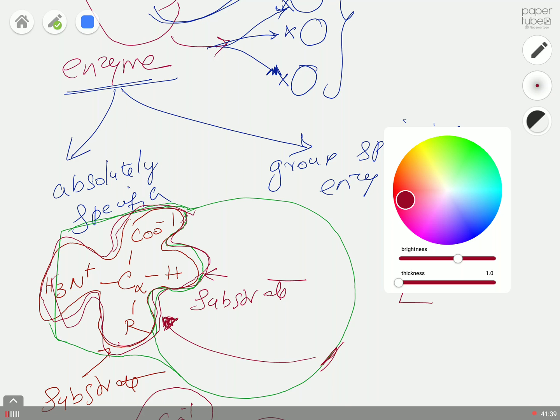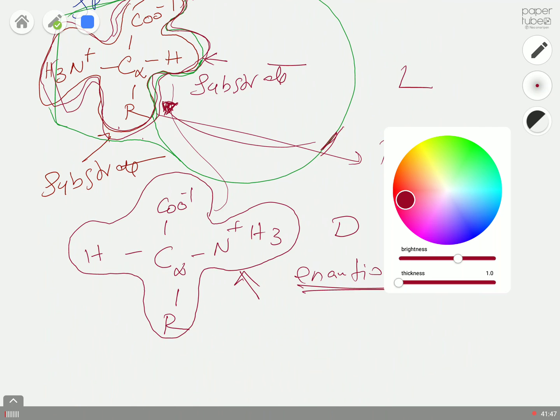So only this molecule can fit into that space, and then it will be converted into products. The other form cannot enter that space, so no way. We call this type of enzyme, which can recognize only one form of chiral molecules, absolutely specific enzymes.